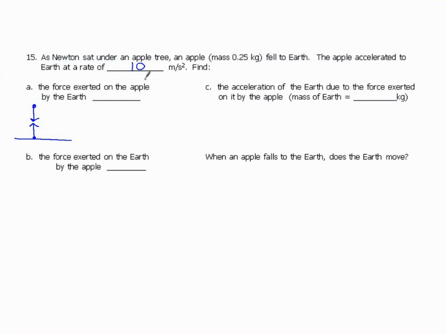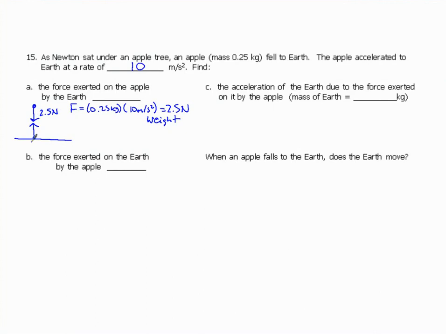So the force that the apple is going to exert on the earth is mass times acceleration. So let's write this down. Here's mass, here's acceleration. That means it has a weight of 2.5 newtons. So its weight is 2.5 newtons.